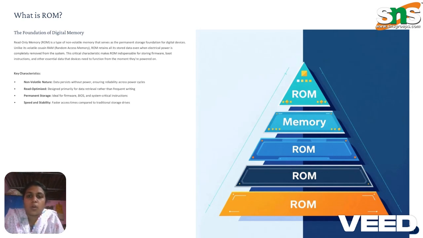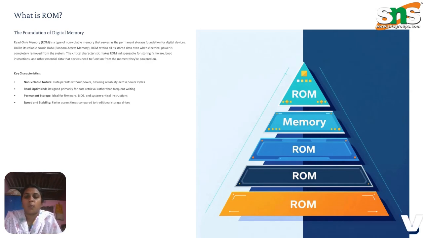Next, what is ROM? ROM is a read-only memory. It's a non-volatile memory used in digital circuits and computers to store data permanently. The information stored in a ROM is written once and cannot be easily modified or erased, even when the power is turned off.